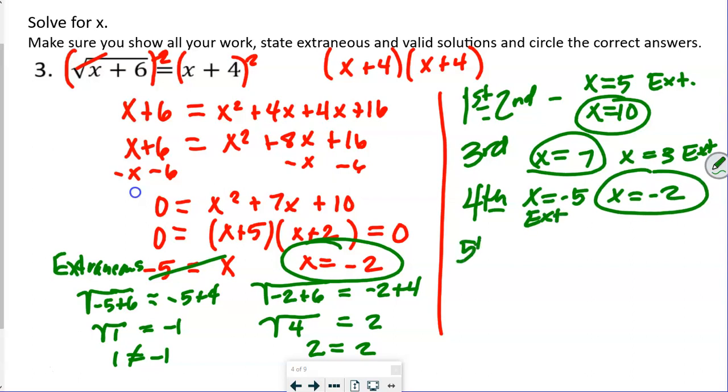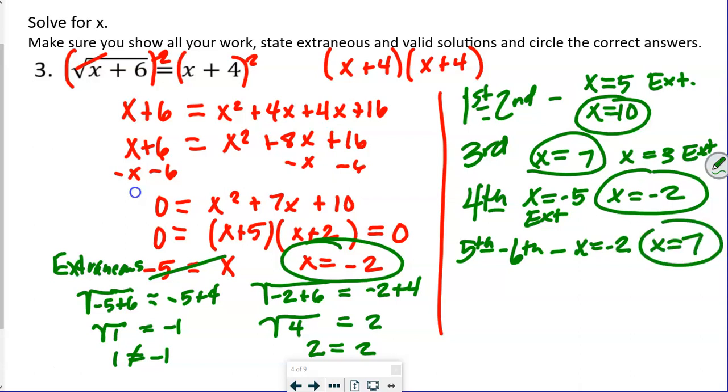Fifth and sixth. Let's see here. I'm trying to find it. Yep, so this one was x equals negative 2 and x equals 7.